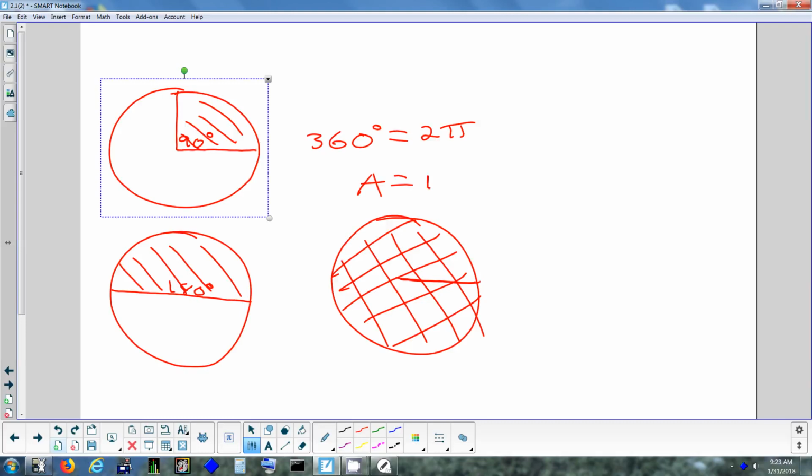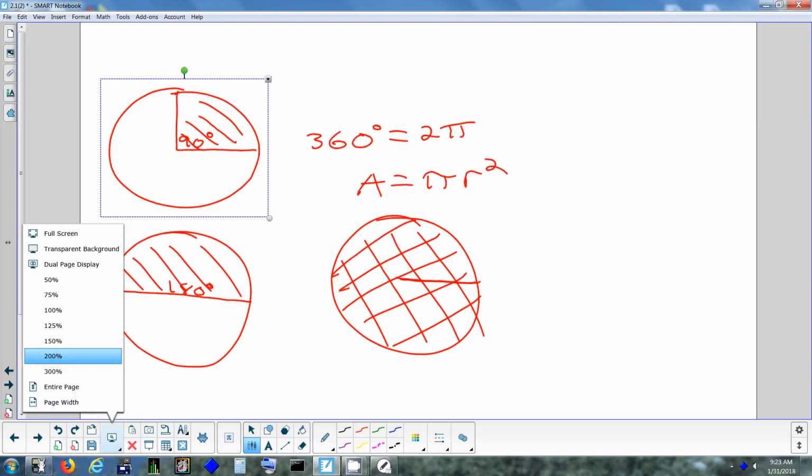Yeah, it's pi r squared, right? Radius squared times pi. Okay. So now we've got a fact to start with. We know that if the angle is 2 pi, then the area is pi r squared. There's the connection. Angle is 2 pi, area, whole thing, pi r squared. 1 foot, 12 inches. There's your starting fact.